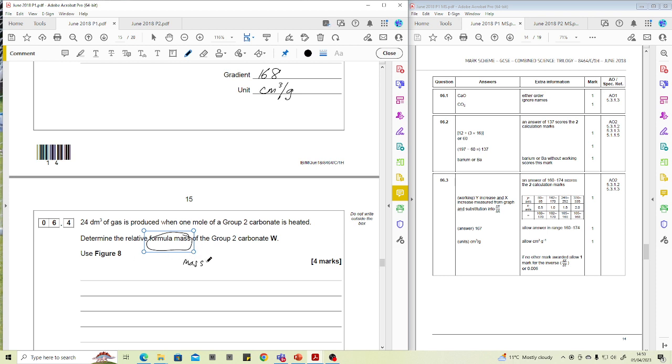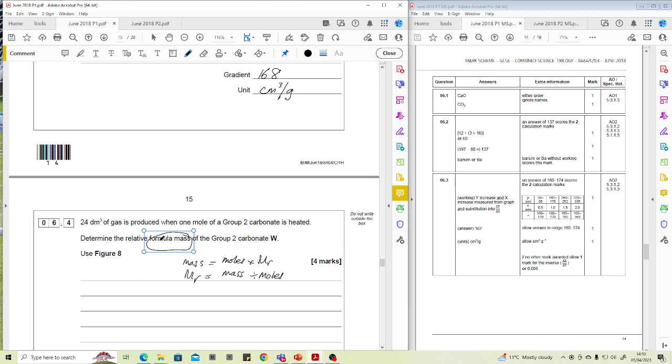So mass equals moles times Mr is the way I've learnt it, so now I need to rearrange that. Mr equals mass over moles.